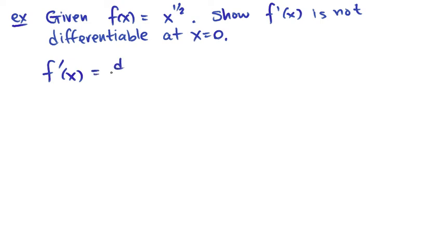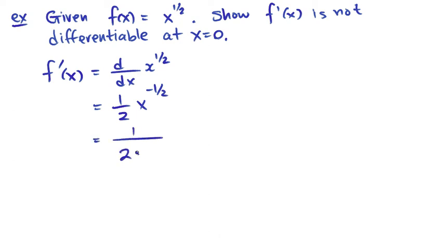So the derivative with respect to x of x to the 1/2, this is a power rule question. I drop the exponent down and subtract 1, and that's the same as 1 over 2 times x to the 1/2, or if you use root notation, like this.